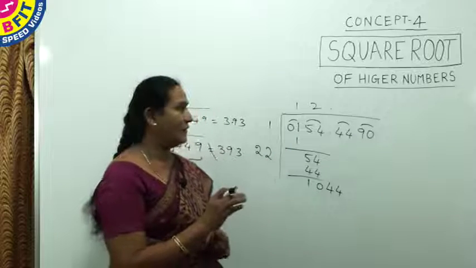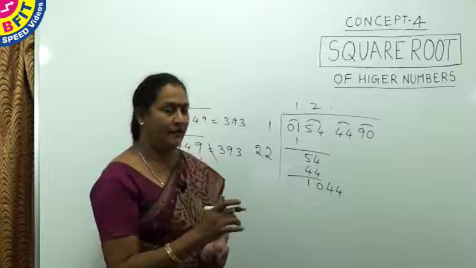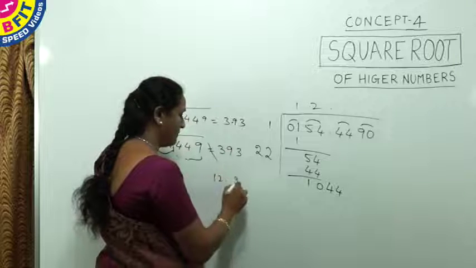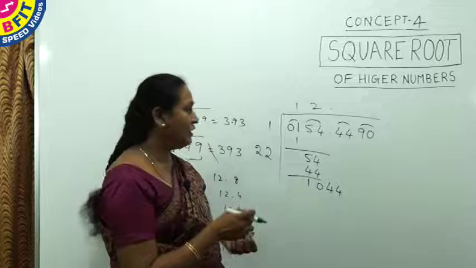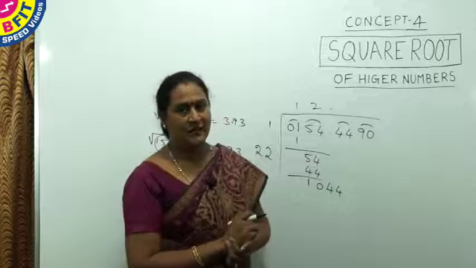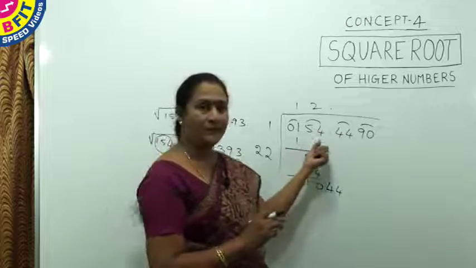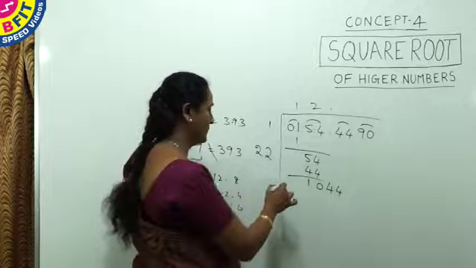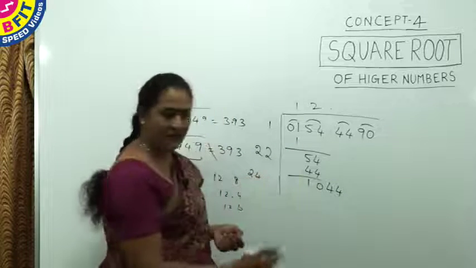If you have 2 or 3 answers starting with 12, say 12.8, 12.4, 12.6, then we need to find the first decimal place. For that we can follow the same working we did for the integers. Now double this, it is 24.